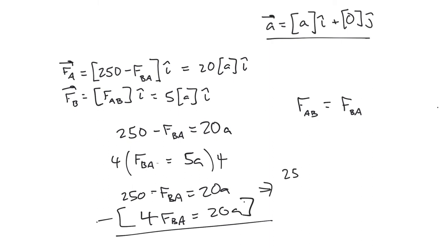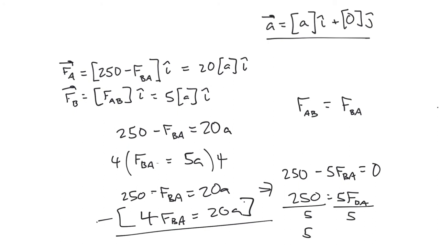You get 250 minus 5 times force of B on A equals 0. And to solve that, you get 250 equals 5 times force of B on A, divided by 5 on both sides. 50 equals the force of B on A, which is also equal to the force of A on B.